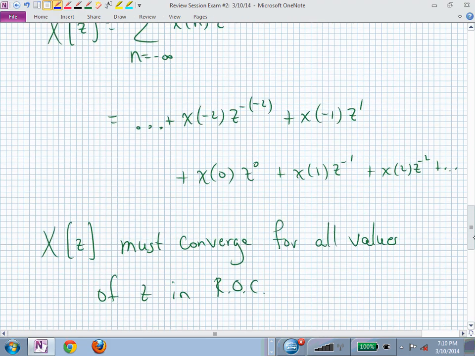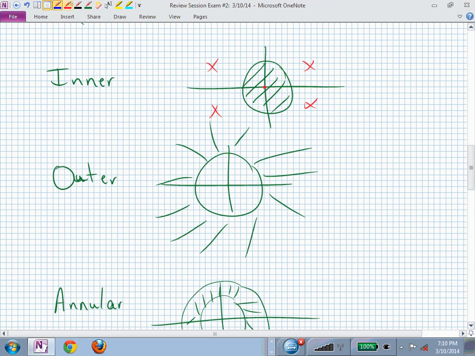By that I'm saying that the poles now are in here. They're interior to the unshaded region with an outer region of convergence.